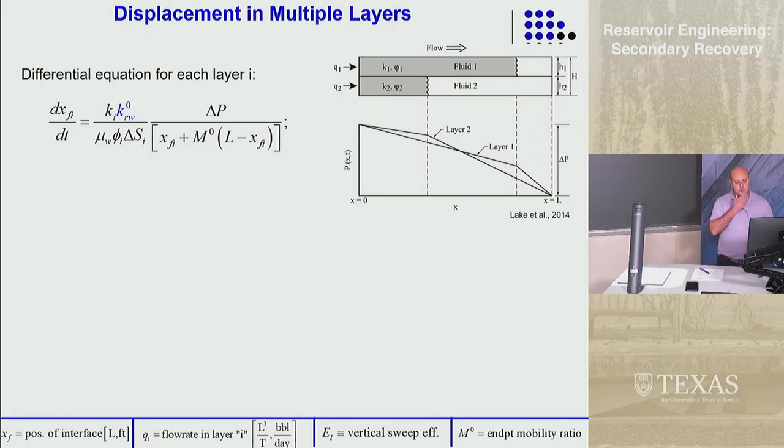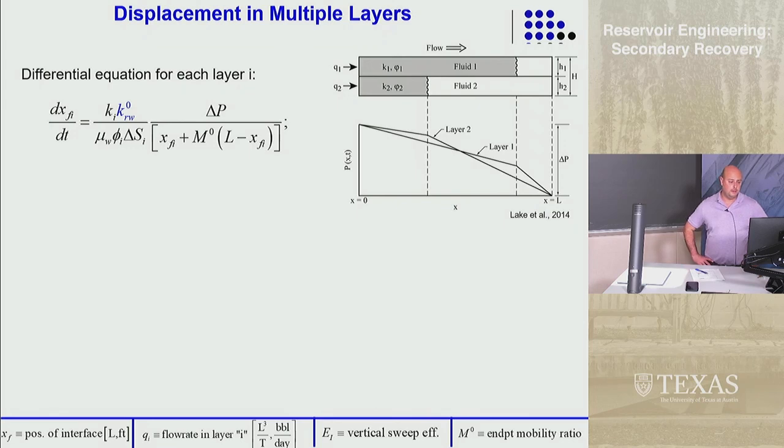So when I say multiple layers, we could have 100 layers, we could have 10 layers. Let's keep it simple for now, and let's just say 2 layers. Qualitatively it makes sense. What I have is a layer on top and a layer on the bottom, and the layer on top has a higher permeability.